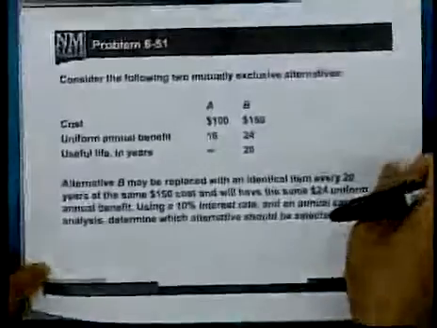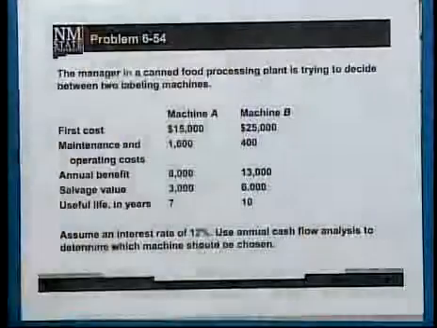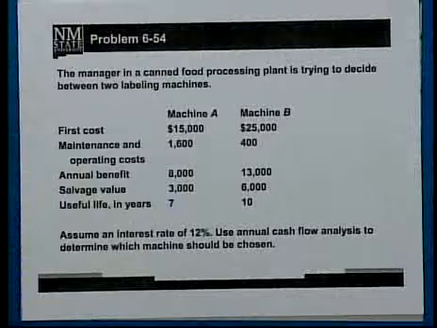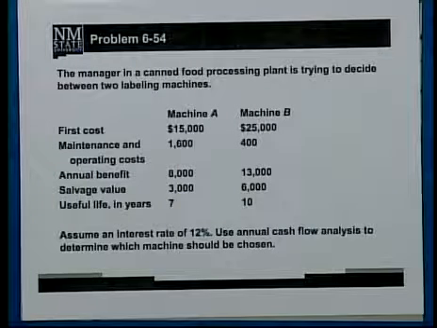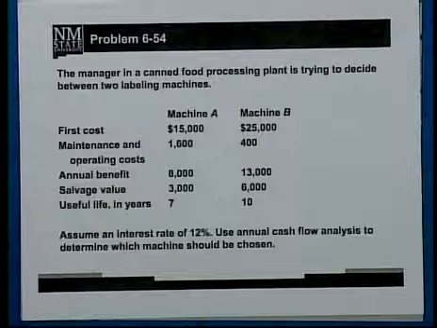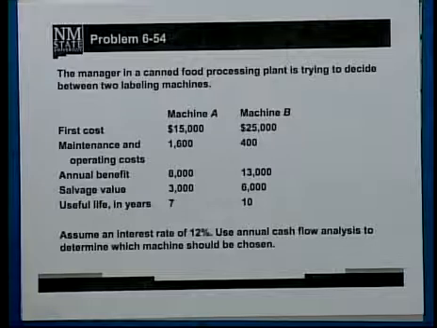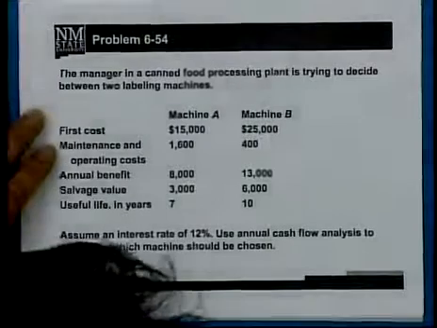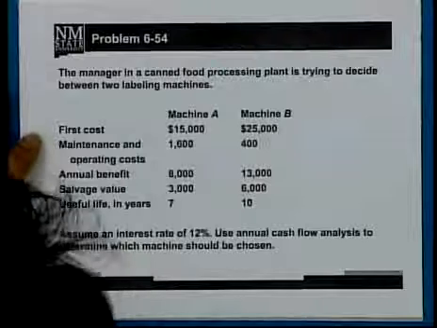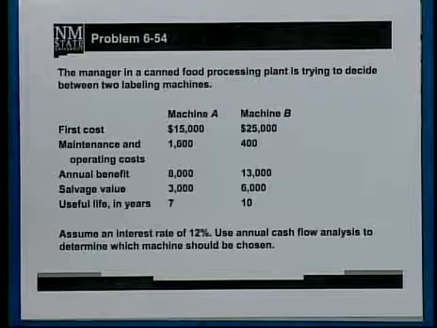Okay, so this is the problem 6-51. And the next problem that we are going to solve is problem 6-54. The manager in a canned food processing plant is trying to decide between two labeling machines.